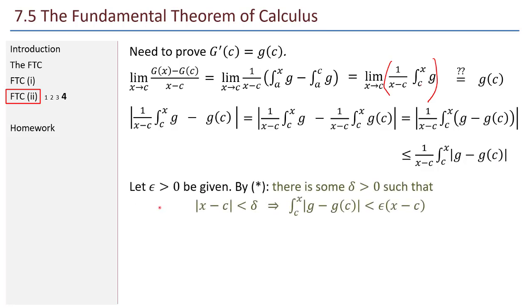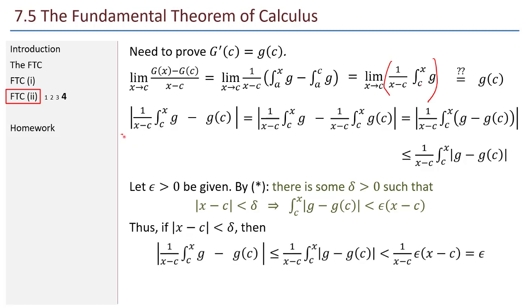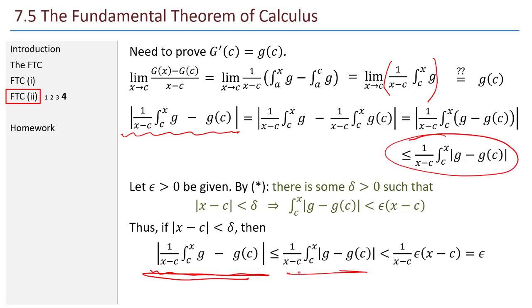So let epsilon greater than 0 be given. By star, there is some delta greater than 0, such that when absolute value of x minus c is less than delta, that implies that the integral from c to x of absolute value of g minus g of c, this whole integral, is less than epsilon times x minus c. So look at the benefit that gives us. If the absolute value of x minus c is less than delta, then when I take that big absolute value, I know from before it will be less than my next expression.